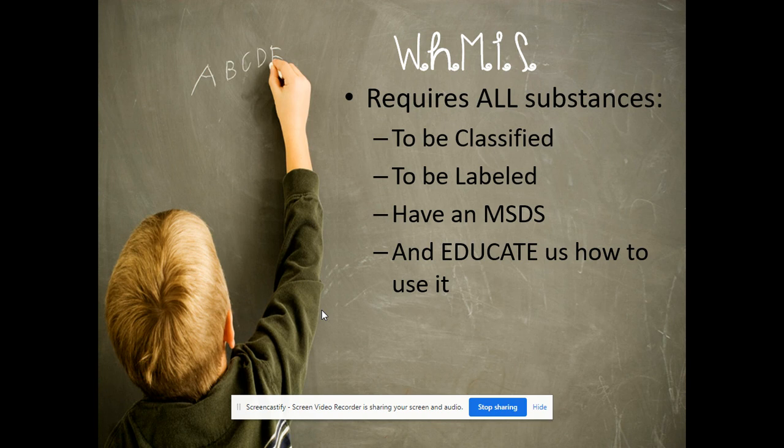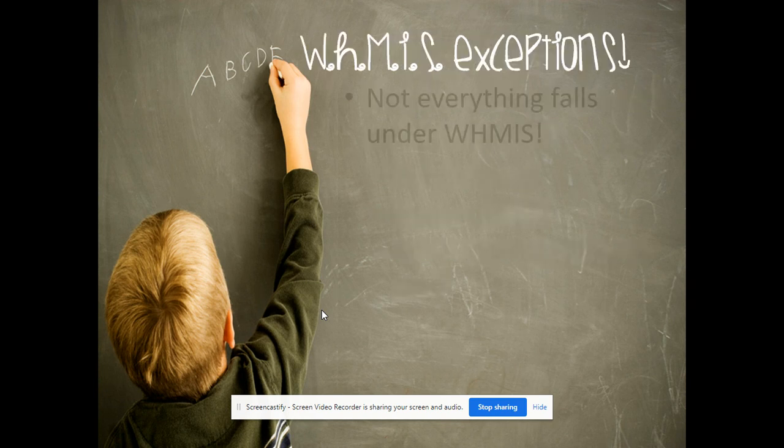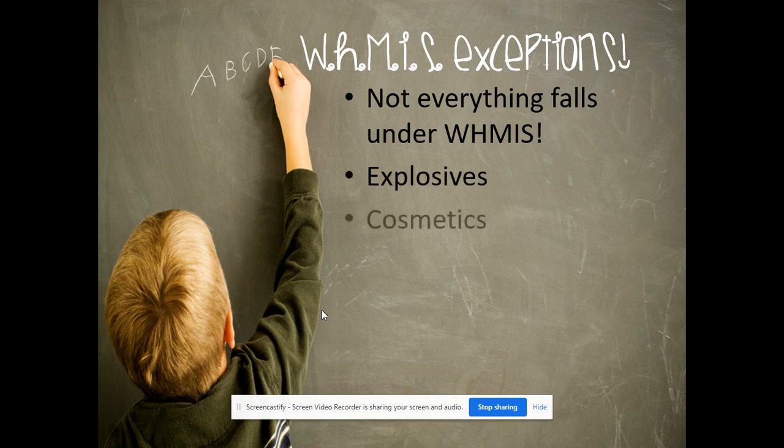Now what doesn't fall under WHMIS? Okay, so there's a few things here. Things like explosives and cosmetics. So if you think every time you went to go pick up chapstick in the winter, it came with an 8 by 11 piece of paper that told you all the dangerous things about it.